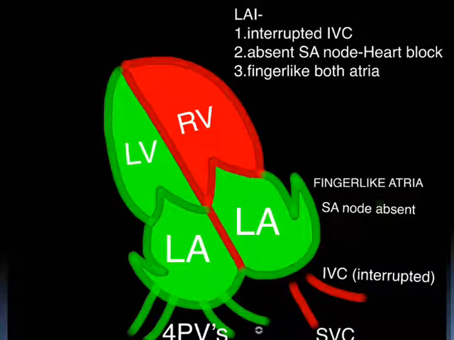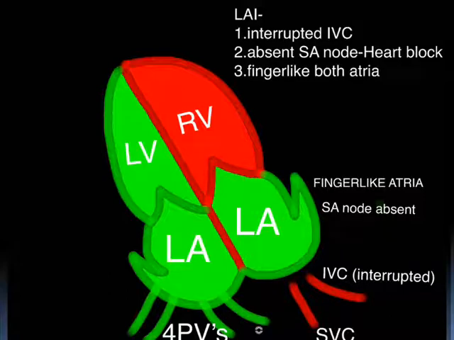Now we will discuss left atrial isomerism. In left atrial isomerism, the right atrium is replaced by left atrium. Therefore, the superior vena cava and inferior vena cava which drain into the right atrium will not properly drain into the right atrium, which is replaced by left atrium. So, interrupted inferior vena cava occurs.